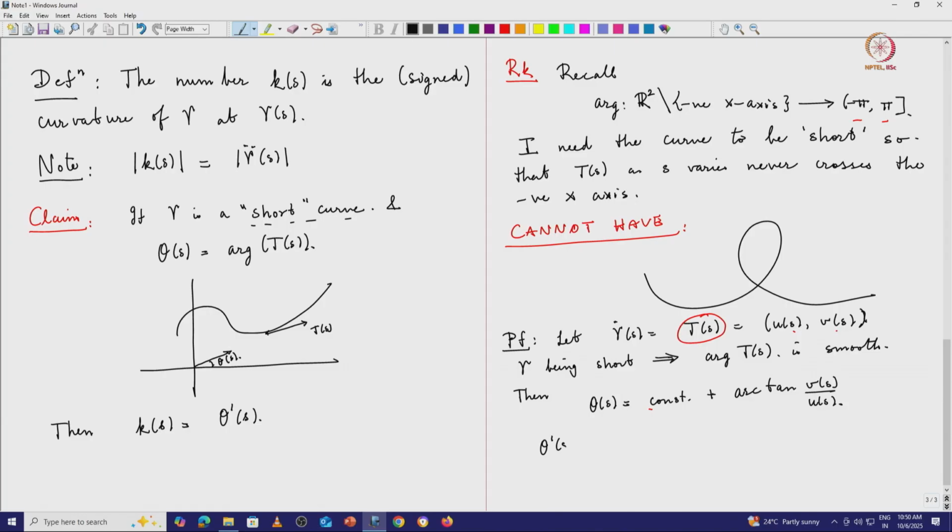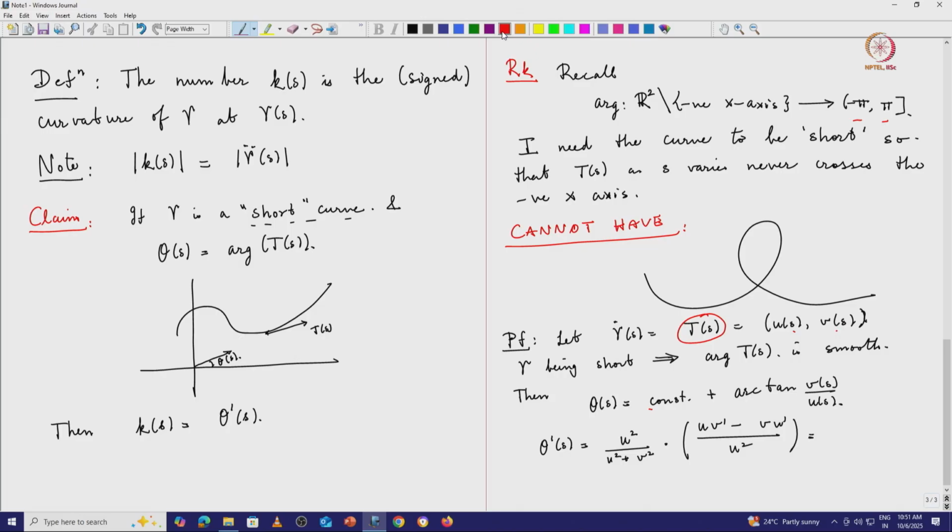So if you calculate theta prime of s, that's just elementary calculus. It's going to be u squared by u squared plus v squared. I am using the chain rule: first differentiating arc tan and then differentiating the quotient inside. The derivative of the quotient inside is u v prime minus v u prime divided by u squared.